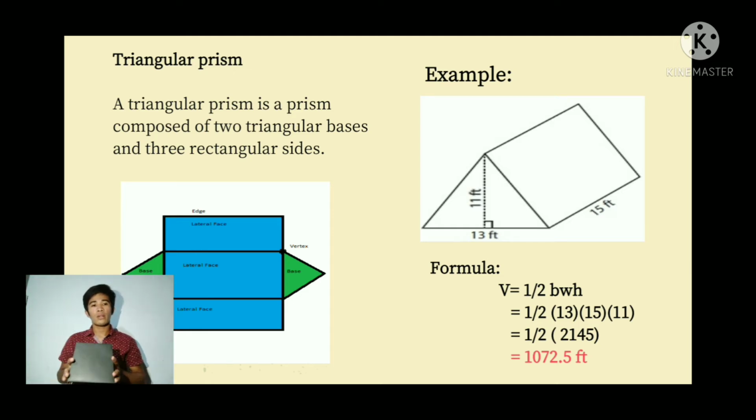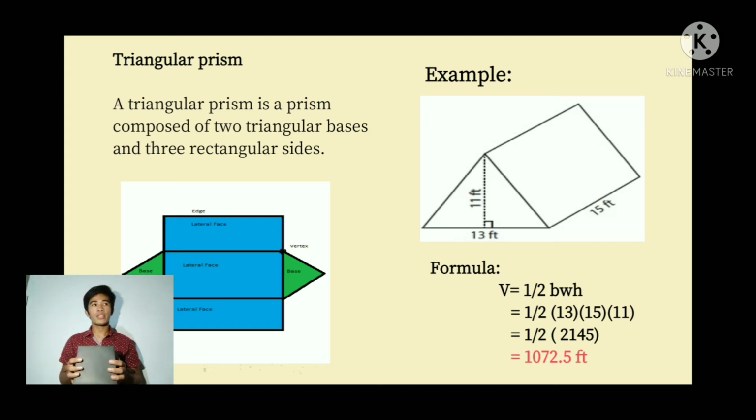Since the value of our base is 13, the value of our width is 15, and the value of our height is 11, we will multiply first 13 times 15 times 11.